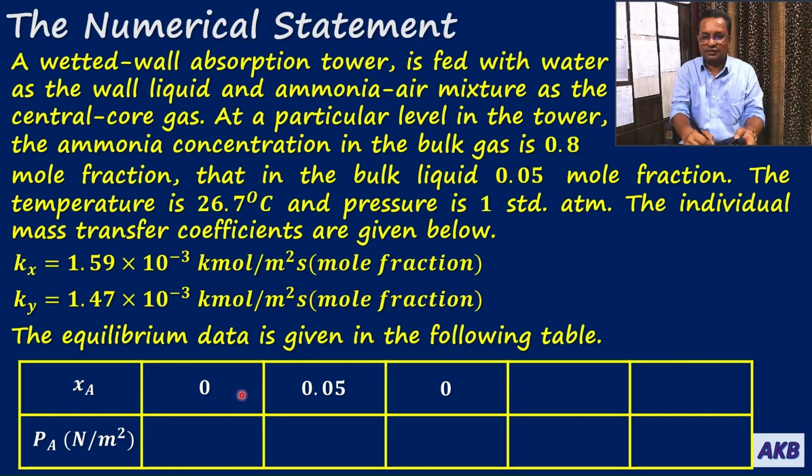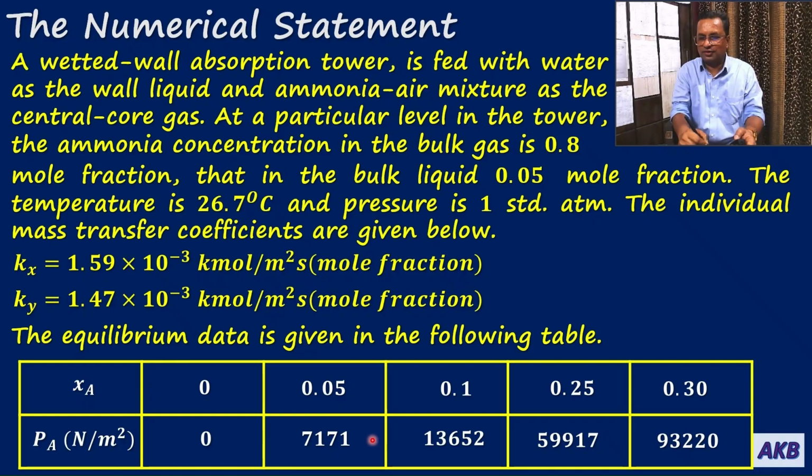So you have different values for mole fractions in the liquid phase, and corresponding values for the partial pressure, which are in equilibrium with those mole fractions. This is the equilibrium data provided to us, and we have to find the interfacial concentrations and the mass transfer flux.